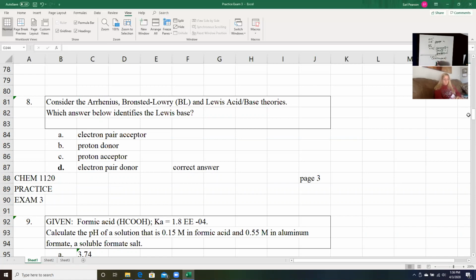So what I remember is the Lewis base. Let's think of an example. Here's ammonia. We write the Lewis structure for ammonia. That Lewis structure contains a lone pair of electrons. So when this reacts, it's going to be the electron pair donor.